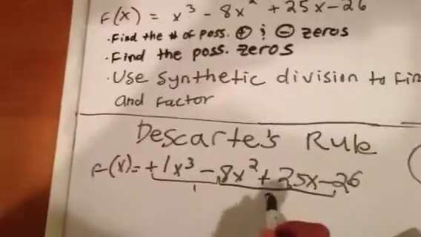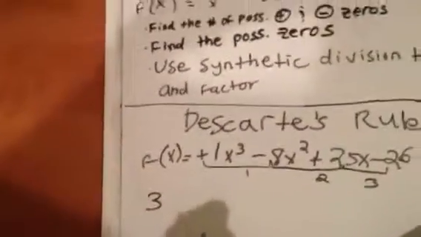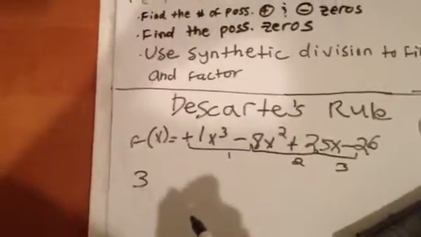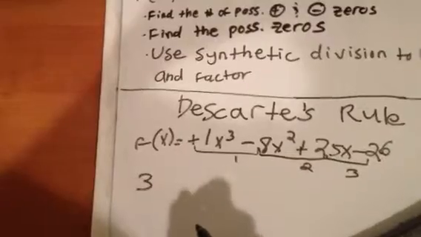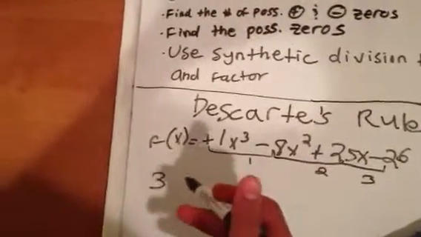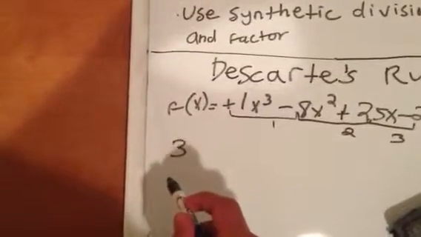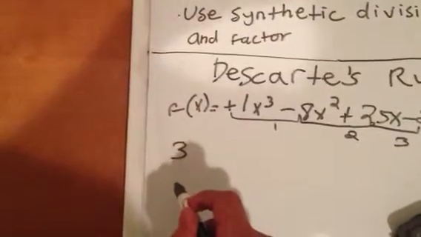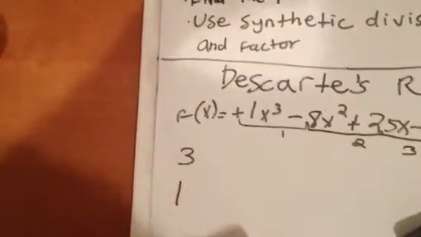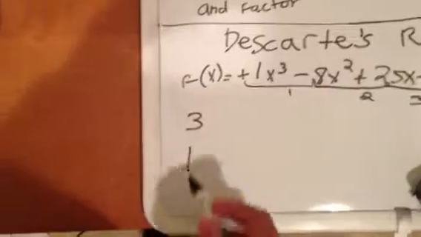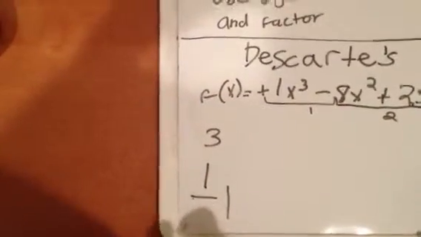So 1, 2, 3. There are 3, and then for the value that you get, you subtract 2 from it to find another value that could represent the number of possible positive zeros, because there may not necessarily be 3. But here's the deal. If you figure out that in a polynomial function there's only, say, 1 sign variation, you're not going to subtract 2 from that because you can't have negative 1 possible positive zeros.